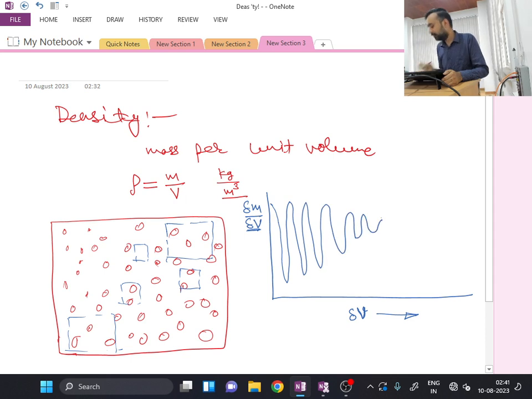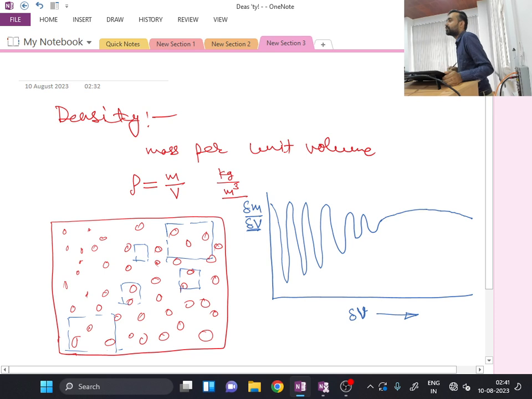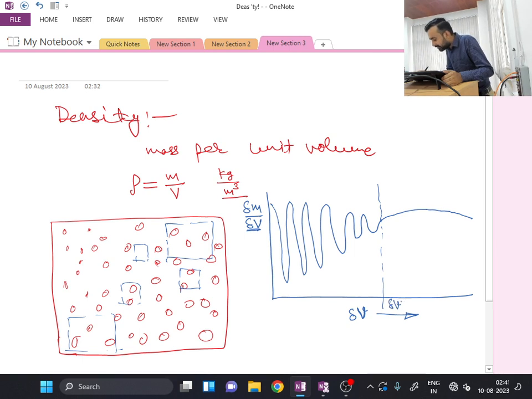It will keep on oscillating, and after reaching a certain value of the volume, this curve will become an almost fixed quantity. The point where these oscillations stop is some delta V star volume, above which our continuum approach will be fully satisfied. Is this point clear?